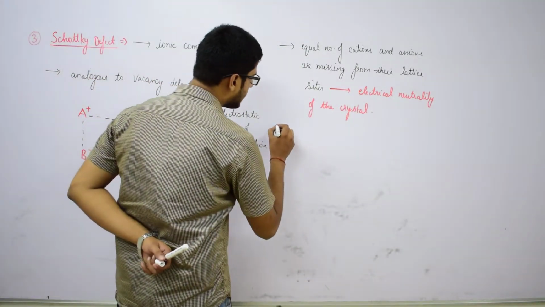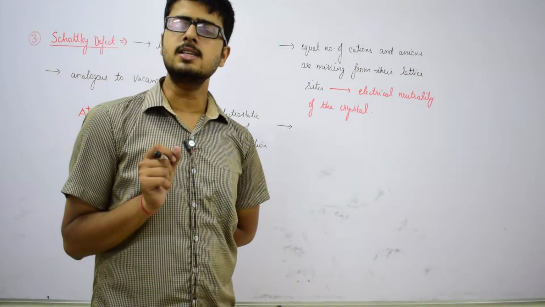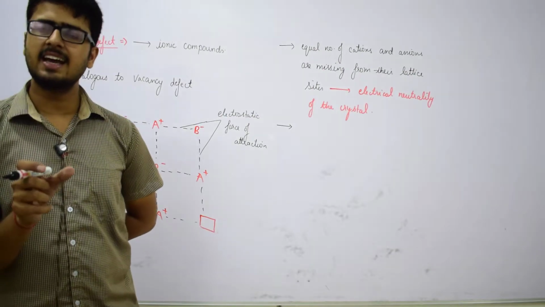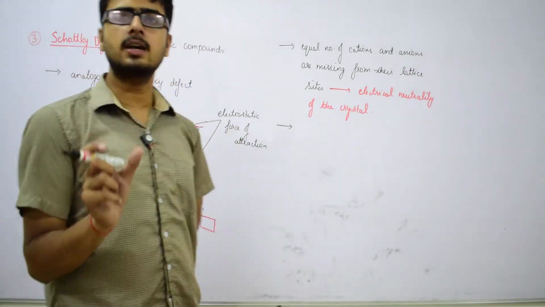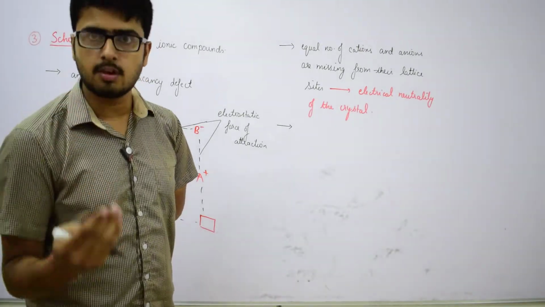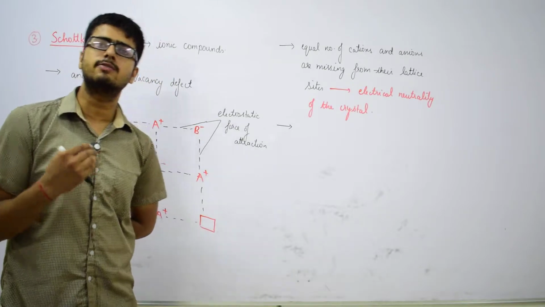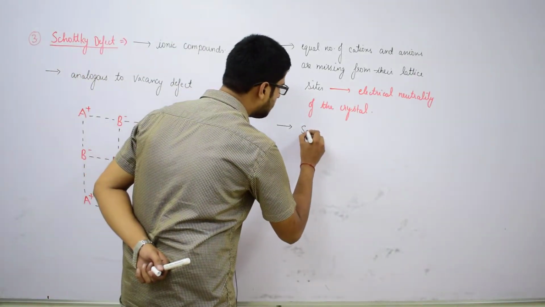Since cations and anions are missing in equal numbers, that means cations and anions are making a pair, and these pairs which are missing or which have moved from their sites, leading to the formation of vacancy defect, are called Schottky pairs.